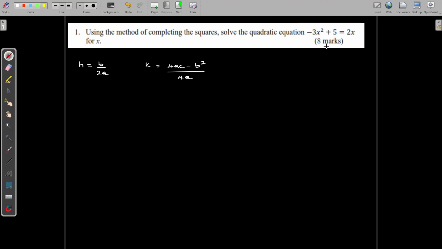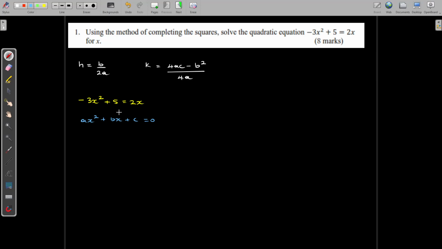So now, looking at this quadratic equation, negative 3x squared plus 5 equals 2x. One thing I'd recommend is to ensure that you get this equation to look like the general notation of a quadratic, which is in the form ax squared plus bx plus c equals 0.